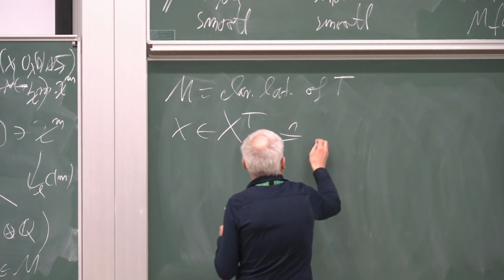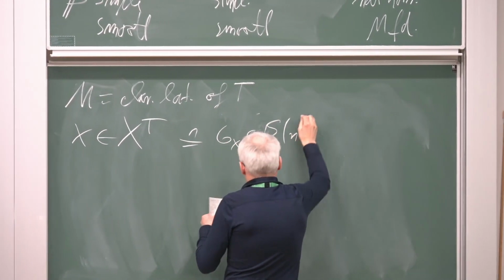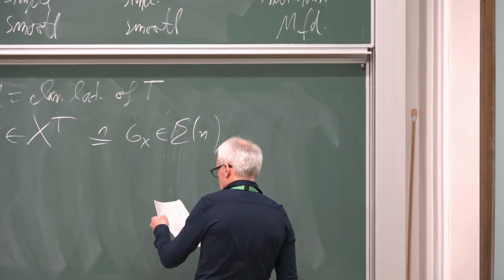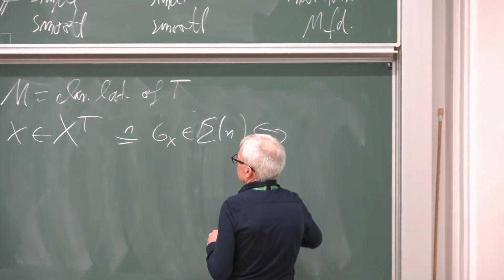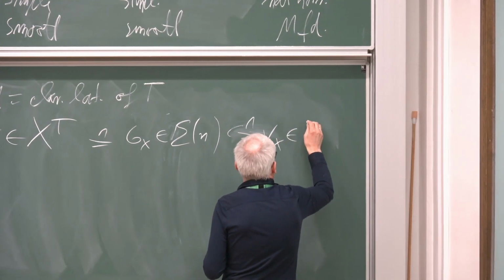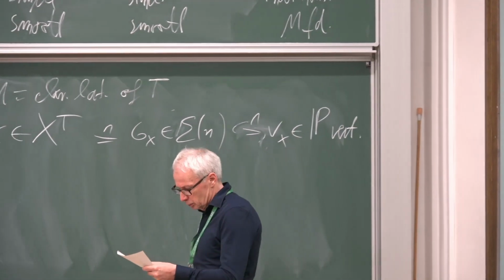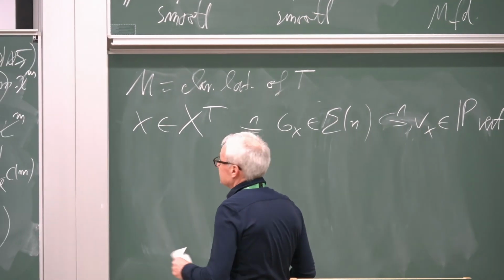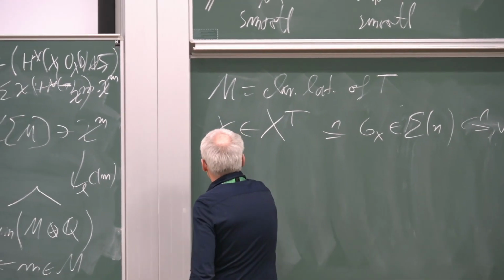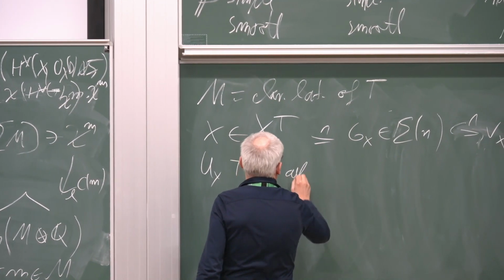Of course, this torus fixed point would correspond to a cone of top dimension, and it would correspond to a vertex, yeah, so it would correspond to a vertex v_x in the polytope. That would be a vertex, depending on which language you want to phrase this. And what I take here is now this U_x is the T-invariant affine neighborhood.